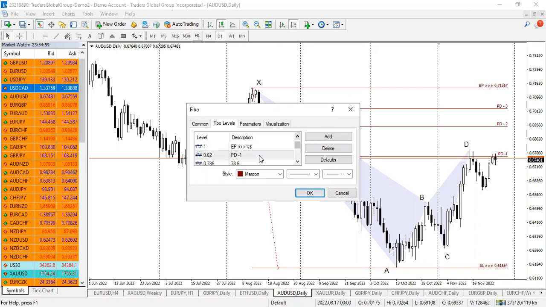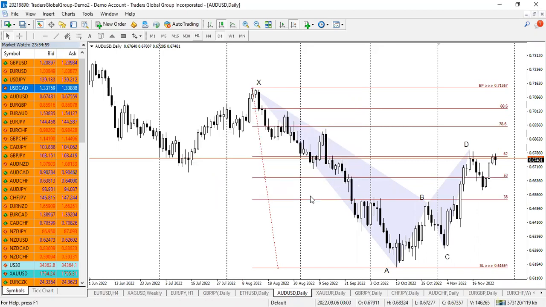Okay, this is 61.8, approximately 62. All right, let me add 0.5, which is 50, and also add 0.38, which is 38.2. All right, good.